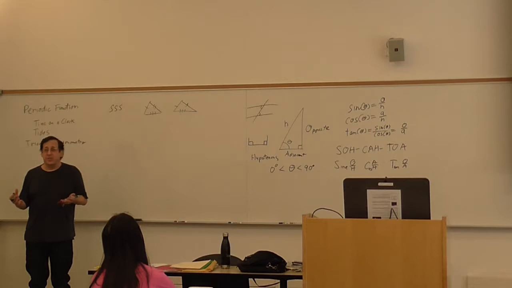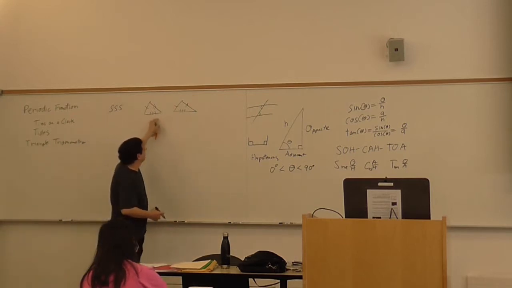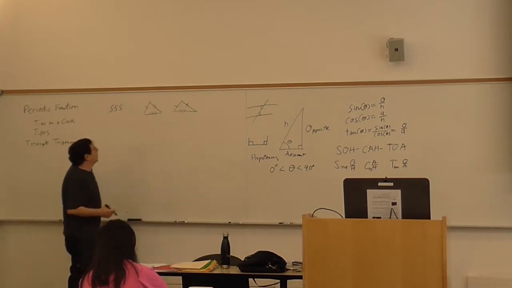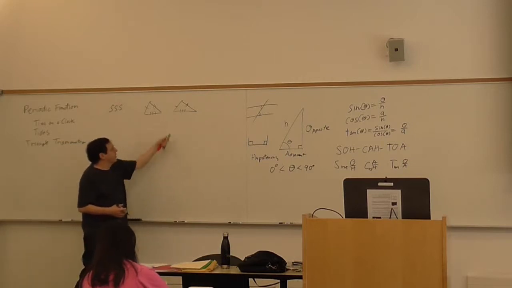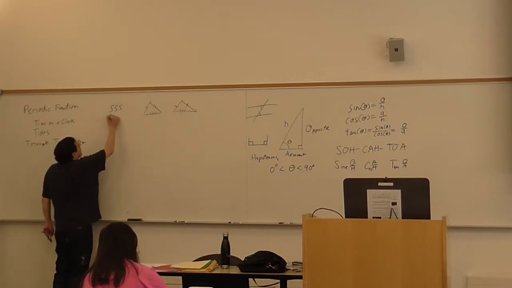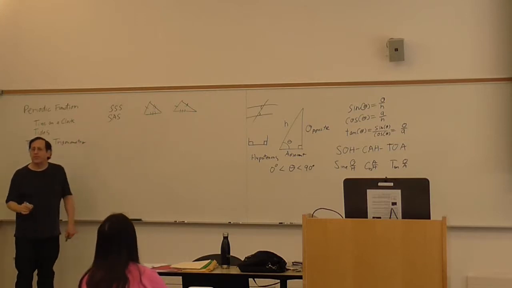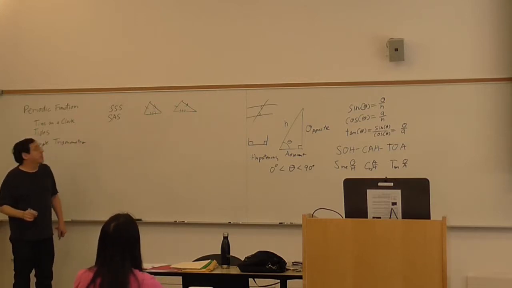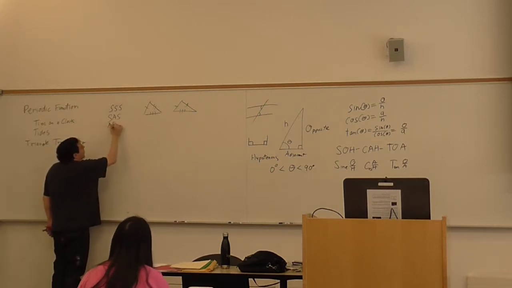Congruent really means that all the parts of the triangle are the same. They're not necessarily the same triangle, but we know all the measurements are going to be the same. There are a few more of these theorems. There's SAS, which you probably guess is side, angle, side. Angle, side, angle.